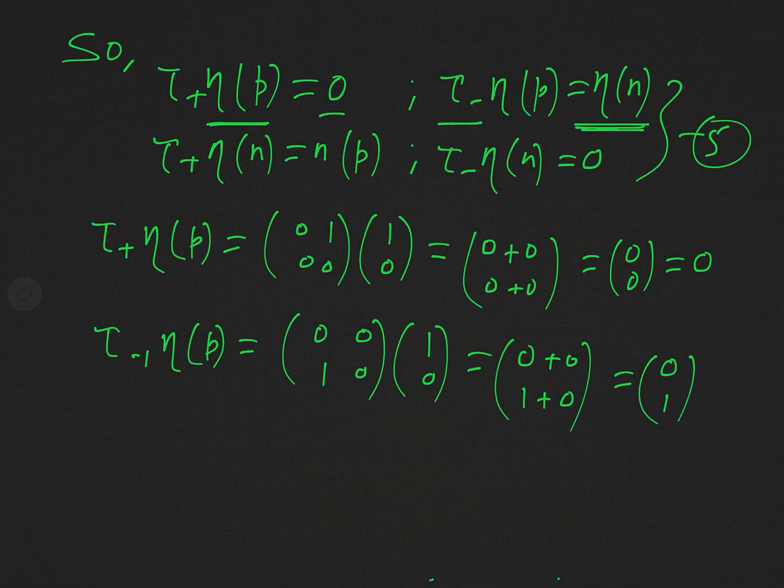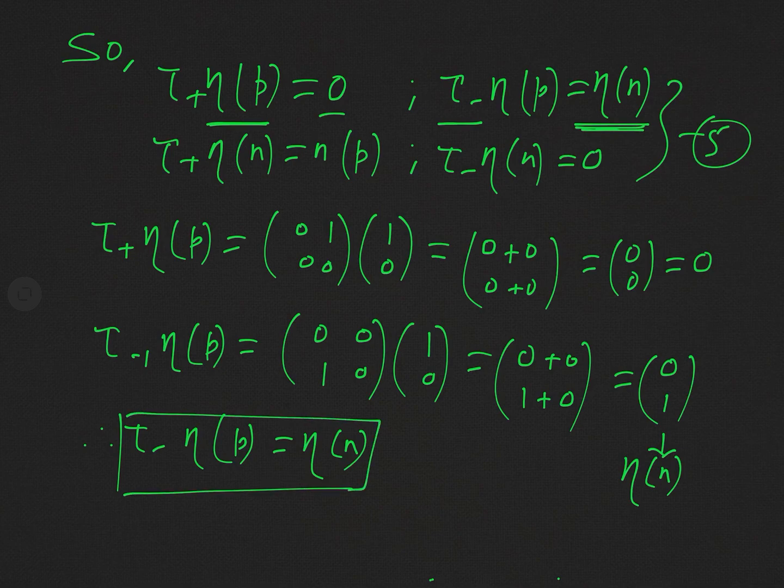So this is matrix 0 1, and you know what this is? Actually this is eta n. So we can write tau minus eta p is equal to eta n. So these are the operators which can change the charge state of the nucleon. And these are analogous to the raising and lowering operators, you can say.